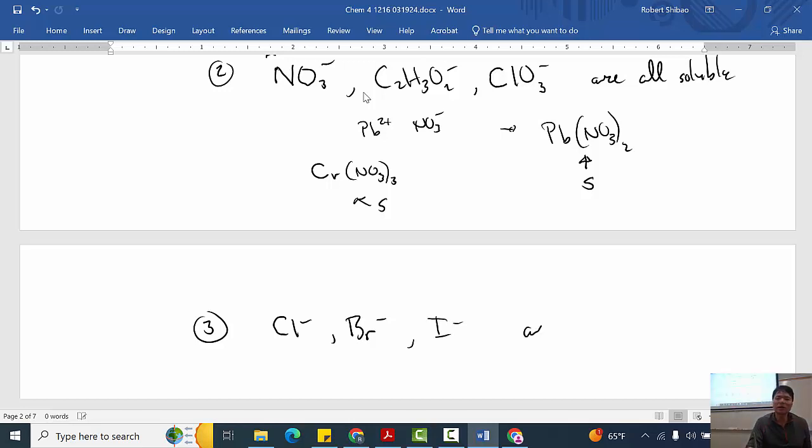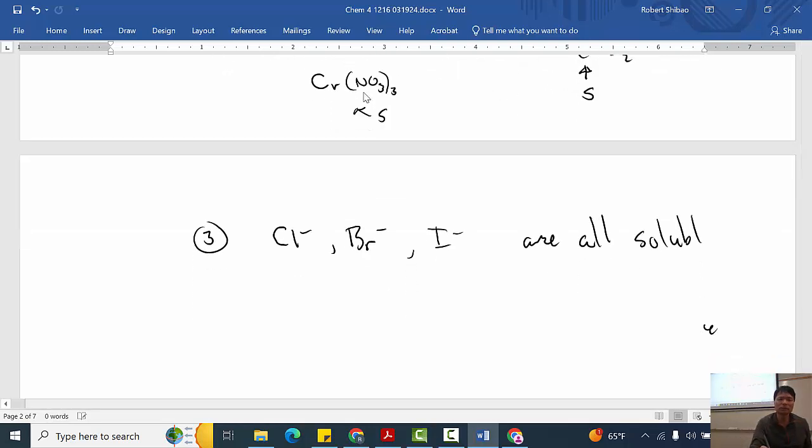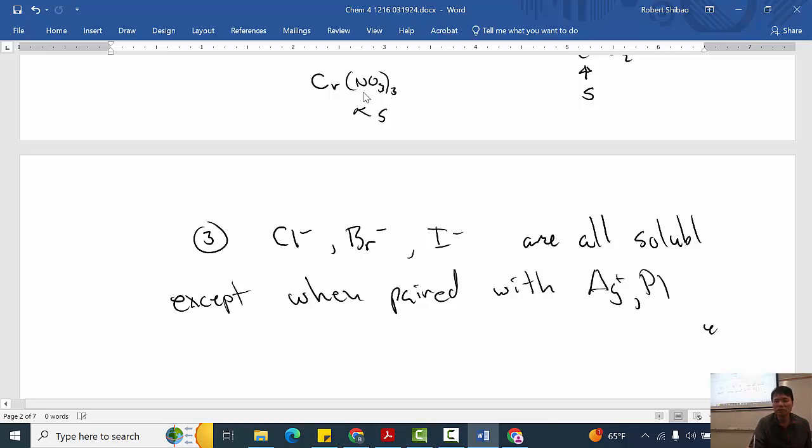Chlorides, bromides, and iodides are all soluble except when paired with silver ion, lead 2 ion, and mercury 1. What was the formula for mercury 1? Hg2 2 plus. Good. Except when paired with those.